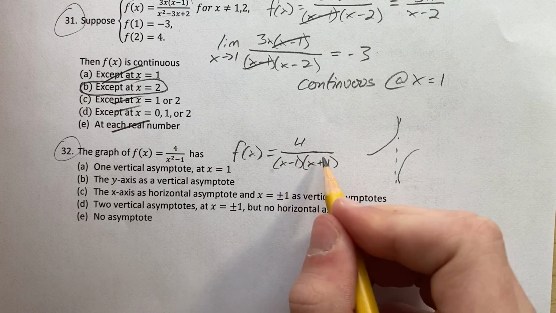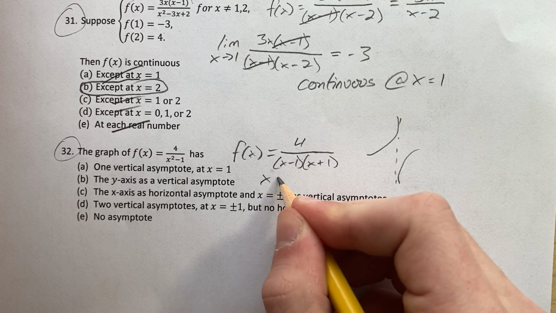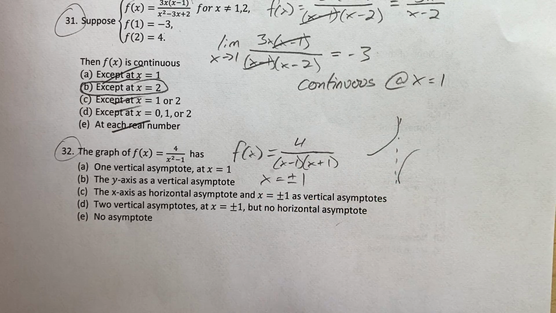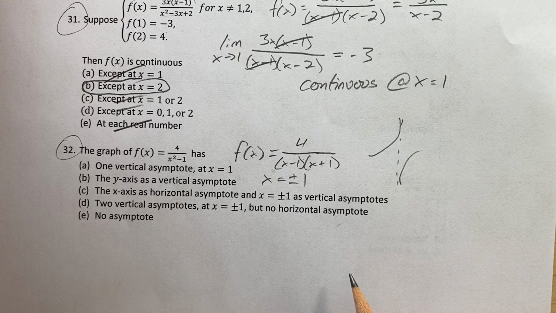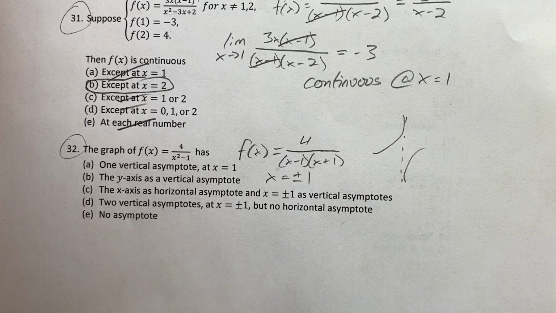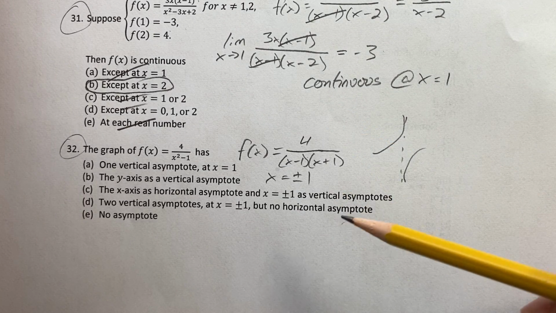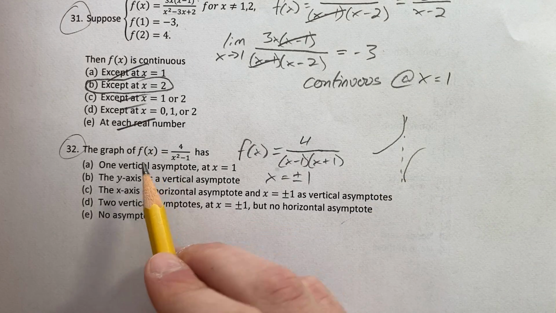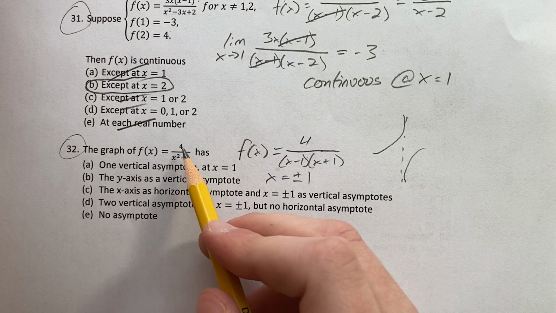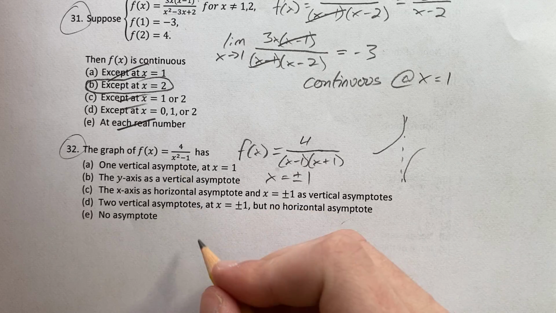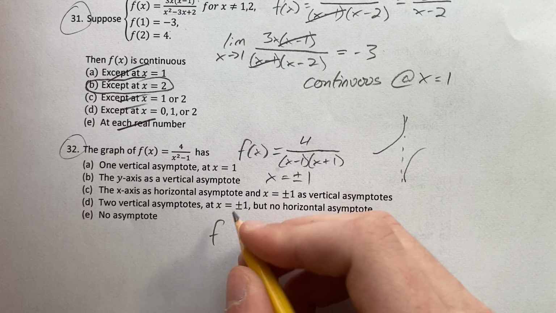So right away, you know both of these values at x equals plus or minus 1 are going to correspond to vertical asymptotes. But the question is also asking about horizontal asymptotes, and luckily this function does in fact have a horizontal asymptote, because if you look at it, I'll write it down here.